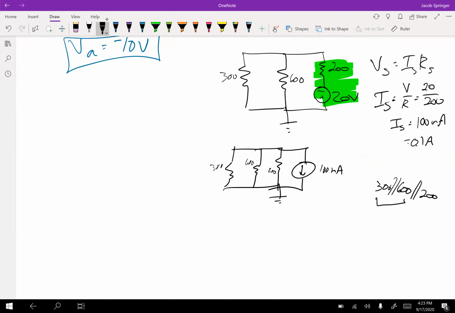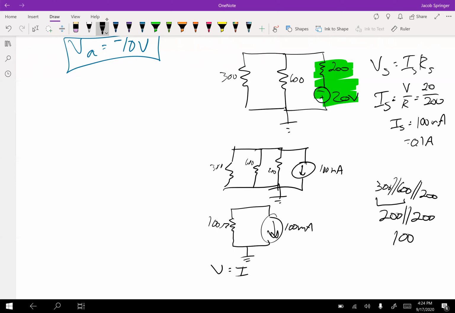We already said earlier that this comes out to 200 parallel to 200. Those are equal, and it comes out to 100 ohms. So final circuit, 100 ohms, 100 milliamps. And now if I'm looking at what is the voltage across this, well, 100 milliamps, 100 ohms gives me 10 volts.